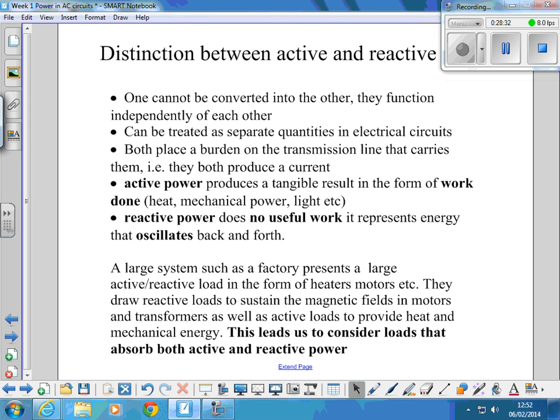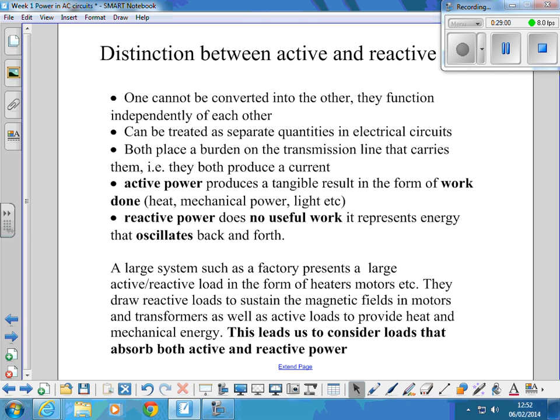So, we need to have a clarified distinction, really. This is to clarify everything I've covered so far between active and reactive power. First of all, one cannot be converted into the other. They function completely independently of each other. You can't convert power in watts into vars or vice versa.